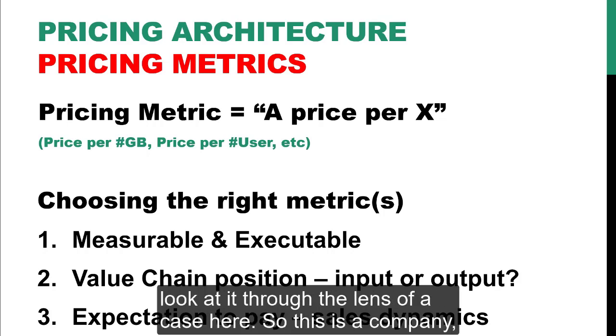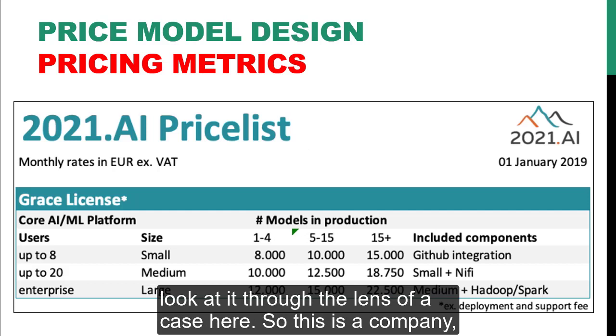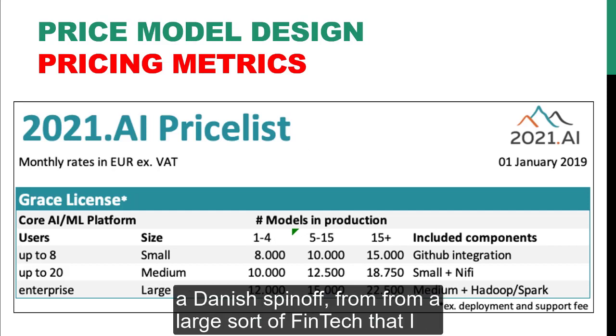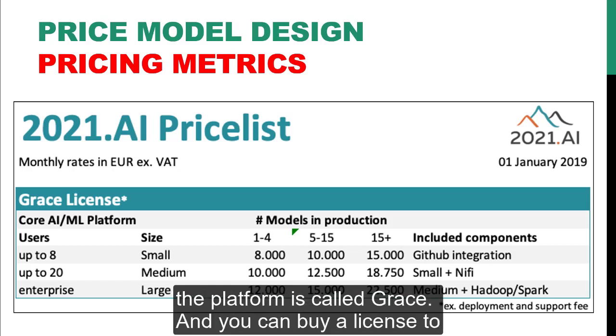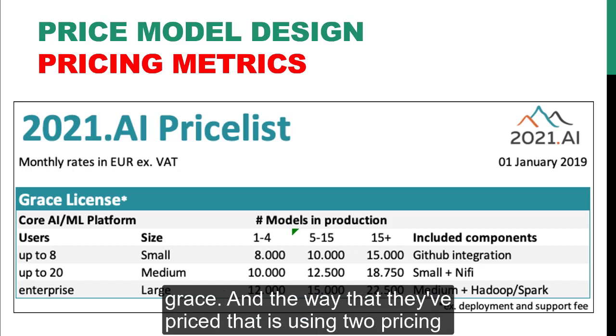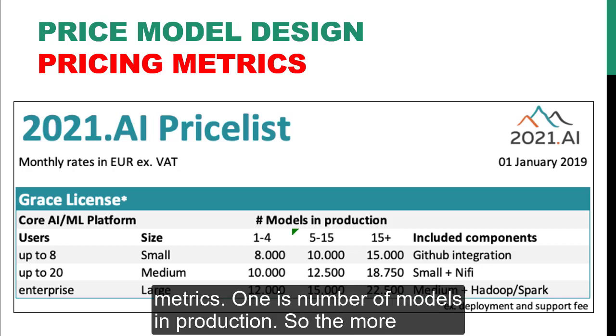But let's look at it through the lens of a case here. This is a company, a Danish spin-off from a large fintech that I work with, 2021 AI. They built an AI platform for banks, and the platform is called Grace, and you can buy a license to Grace. The way that they've priced that is using two pricing metrics. One is number of models in production.